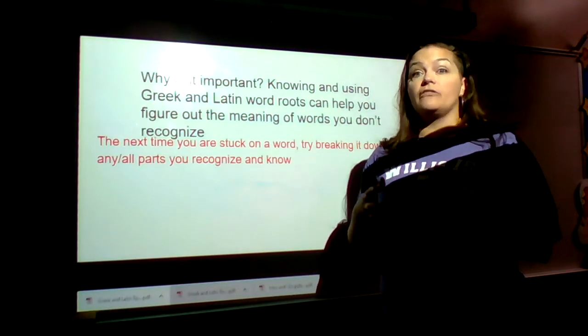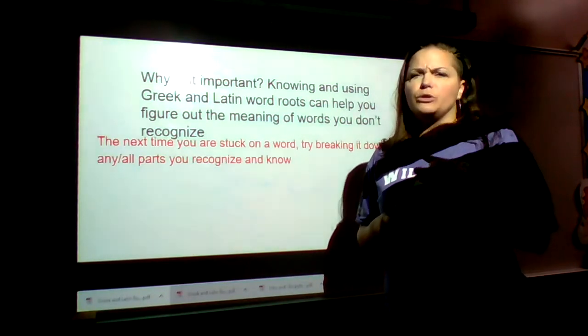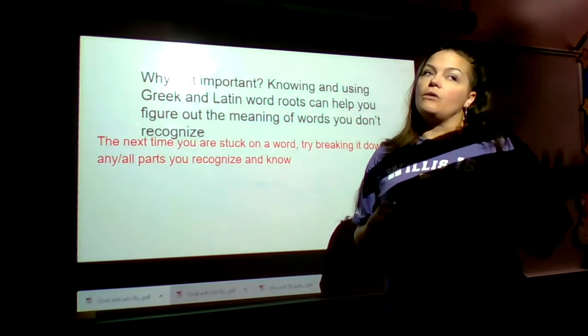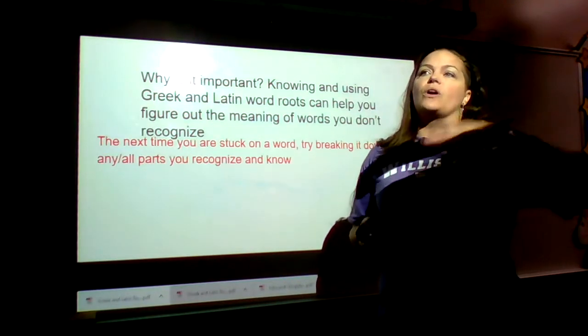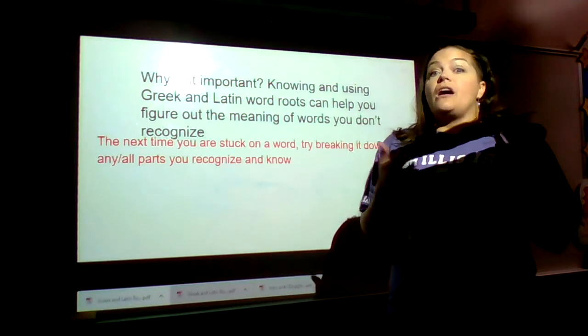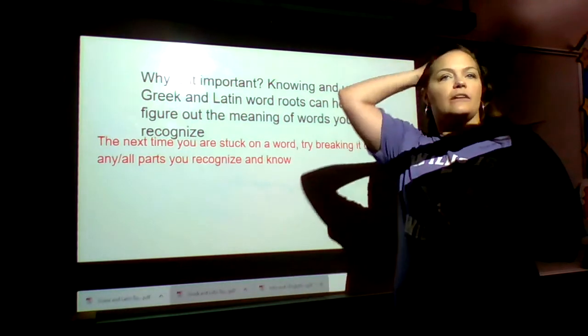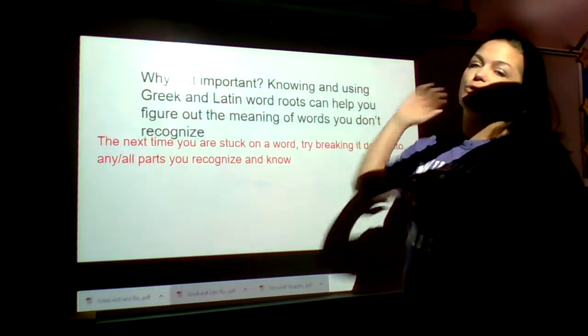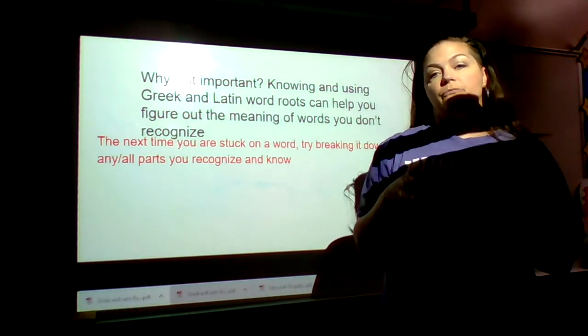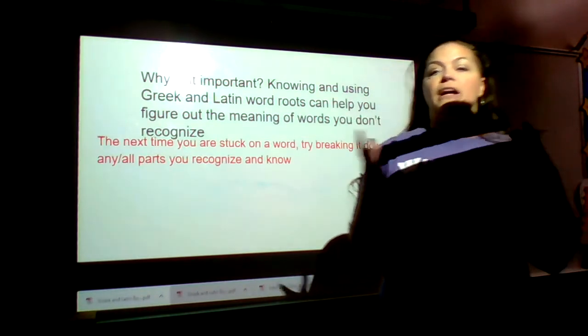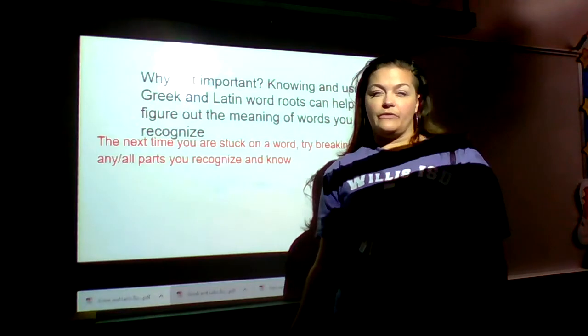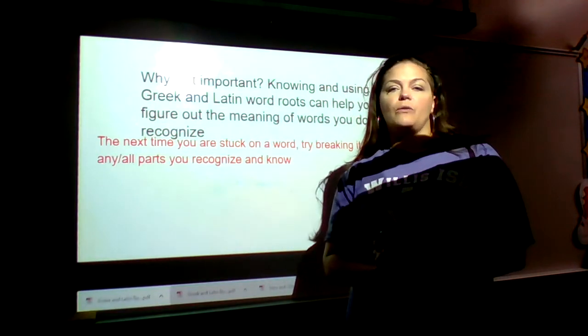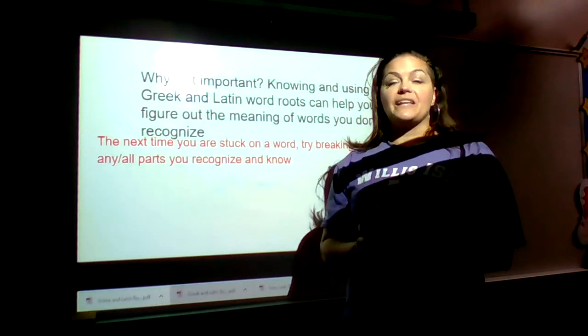You know what love means, but if you see unlovable, then you have to know that, oh, un means to undo or to not have. So you're unable, right, to love type thing. So it helps you break down big words that you may not be familiar with by simply breaking it into parts that you are familiar with. Makes sense, hopefully. So it'll help you out with your context clues and things like that.